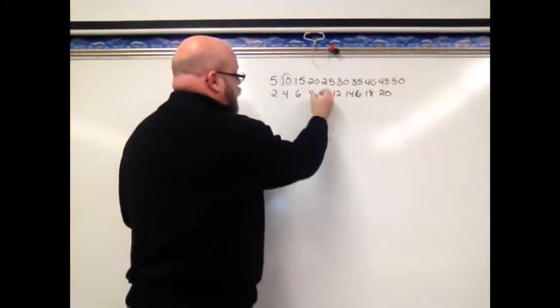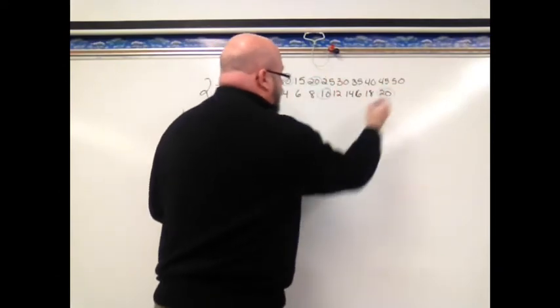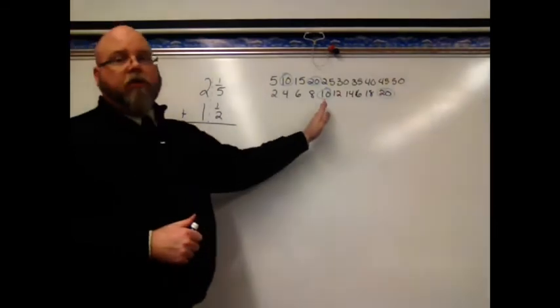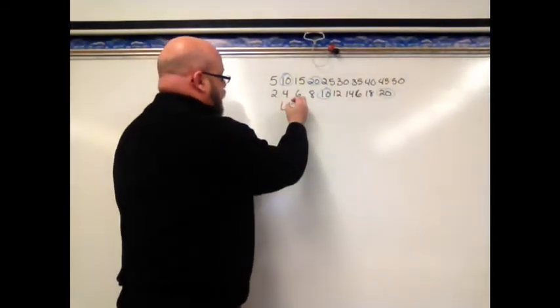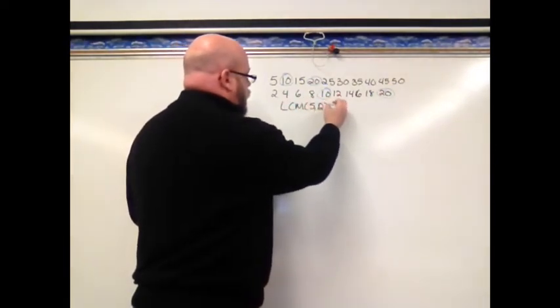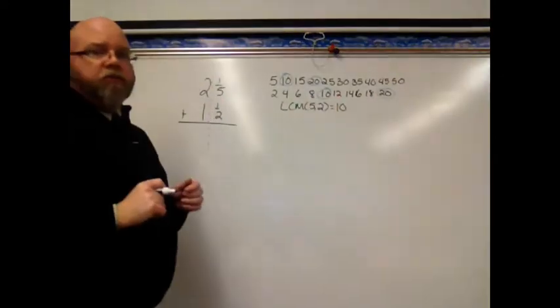On this list, we see 10, and we see 20. The smallest number that they have in common is 10. So the least common multiple of 5 and 2 is 10.